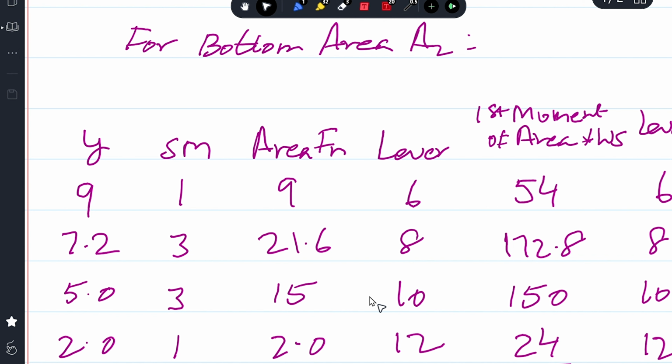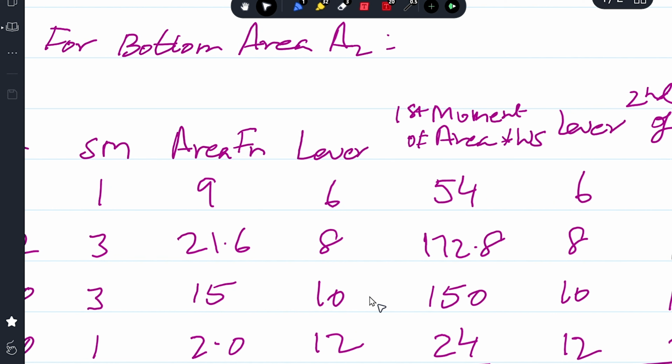Okay. Now the levers are again from the top water surface. For the ordinate whose value is 9, the lever is 6 meters from the top water surface. Then after that, add the common interval h: 8, then 10 and 12. So these are the 4 levers.